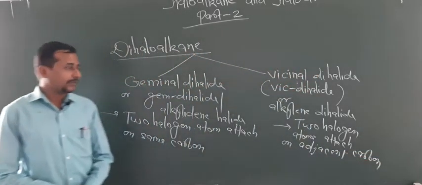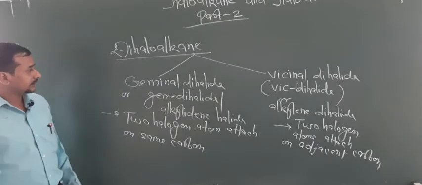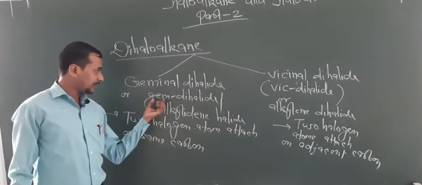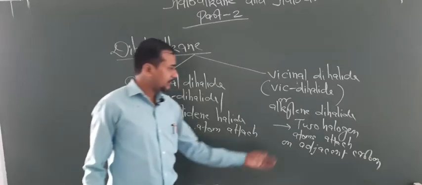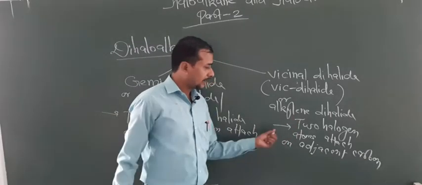So the basic difference in the dihaloalkane is, in case of geminal or gem, two halogen atoms attach on the same carbon, and in vicinal, two halogen atoms attach on adjacent carbons.